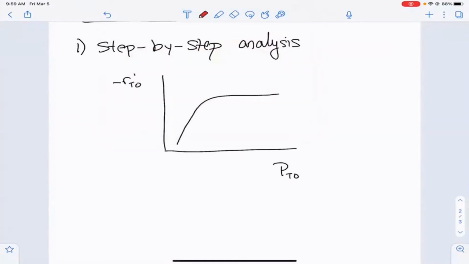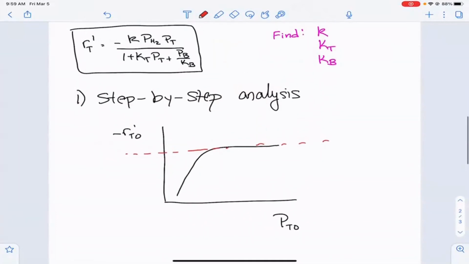And the value where it flattens out is essentially going to be equal to, if we look at our data here, where, if you remember in this rate law, when there is no B present, which we use to make this plot, this term actually goes to 0.